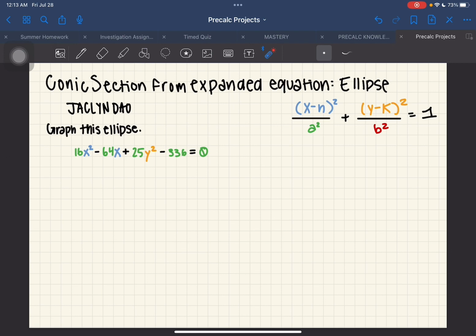Now, to start turning it into its standard form, we can factor the 16 from 16x squared and 64x. So let's do that.